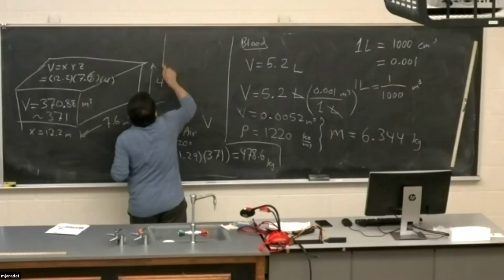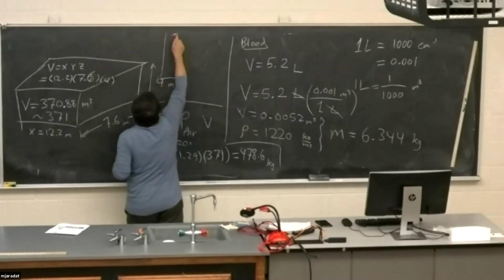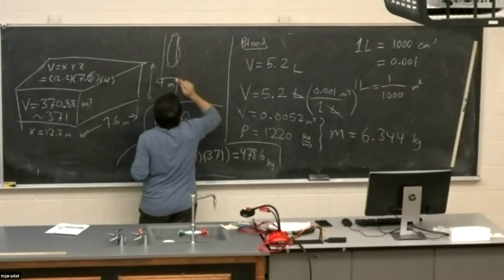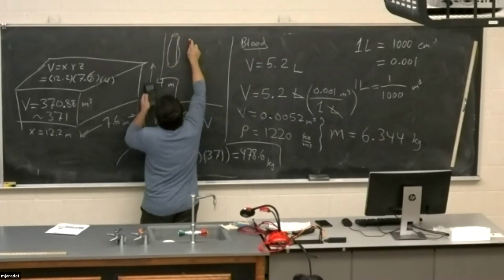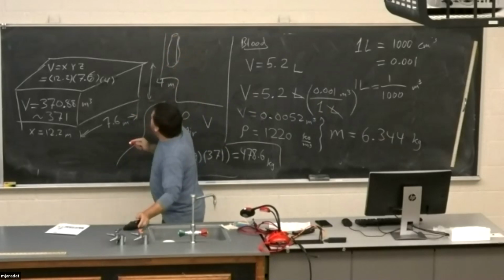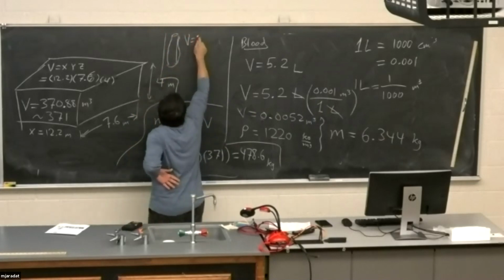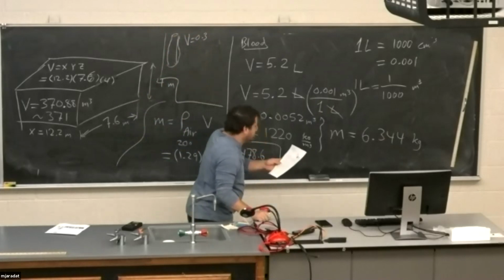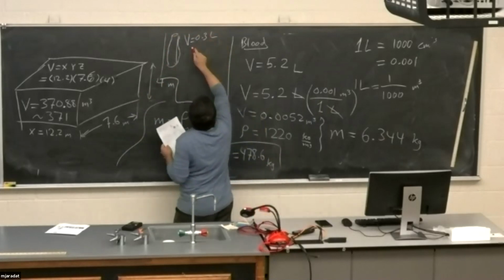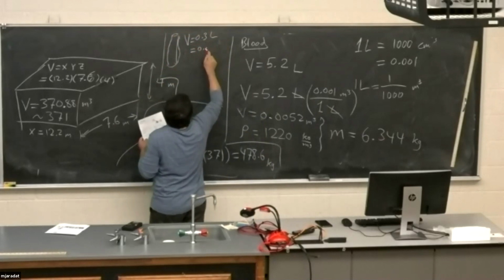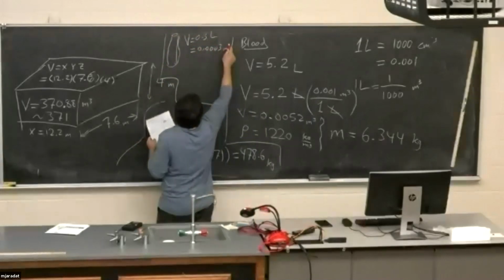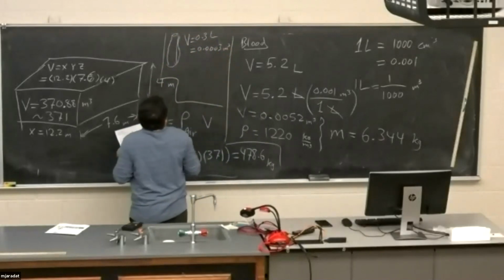For a bottle of water. Okay, this one. The volume is equal to 0.3. I think I put it, or half a liter. No, 0.3 liter, which is 0.0003 meter cube. Okay.